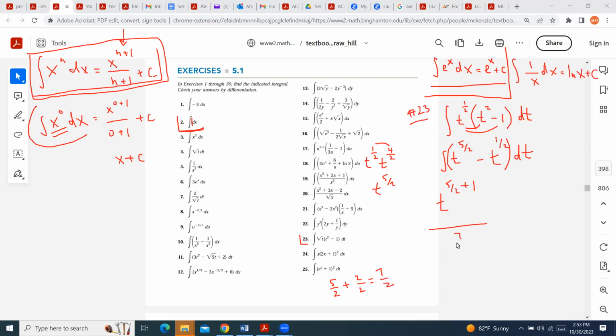That's what I have in the denominator of the first one. Then similarly for the second, I have to add 1/2 and 1, which is 2/2, and we end up with 3/2.